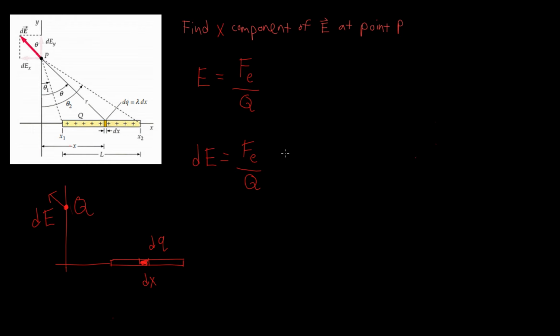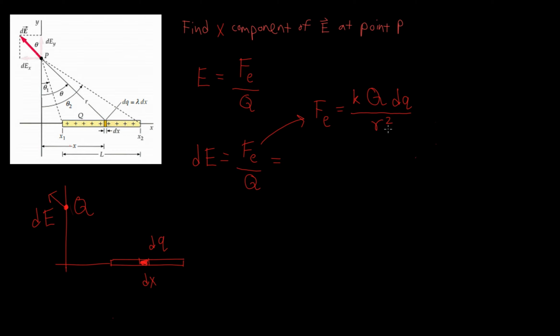And so we can expand this out further. We know that the electric force between two charges is just given by Coulomb's constant, which is K, times one of the charges. Let's say one of those charges is Q, times dq, which is the very small amount of charge on the line segment, divided by r squared.